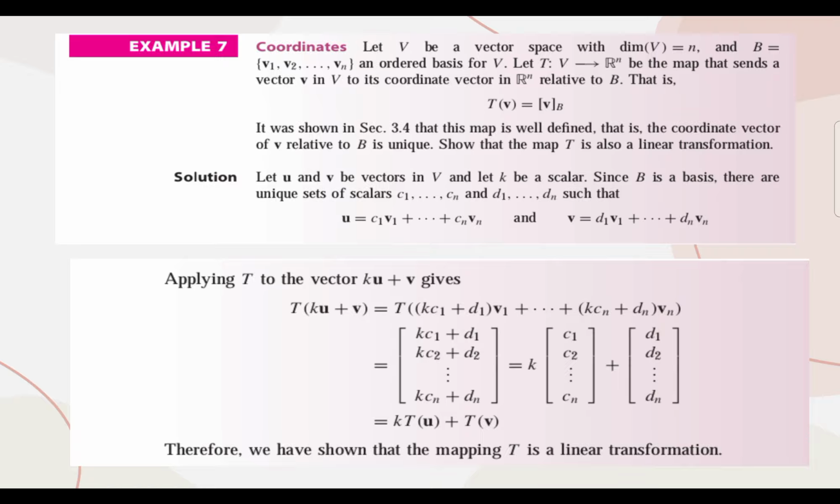It was shown in section 3.4 that this map is well defined, that is, the coordinate vector of v relative to B is unique. Show that the map T is also a linear transformation.